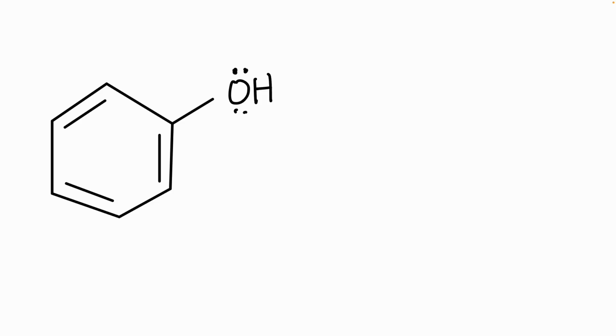And what we're going to see is it can donate a pair of electrons to that ring. Boom. All right, now, I can't stop there with my resonance structures because I'll have broken my octet rule. This carbon would now have 5 bonds. So at the same time, what has to happen is this pair of electrons jumps up onto that carbon.